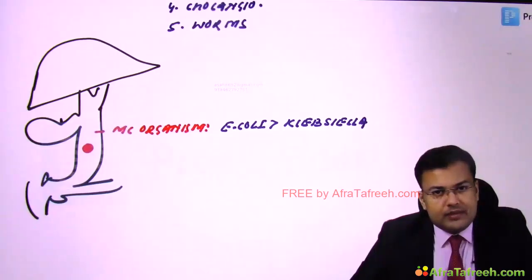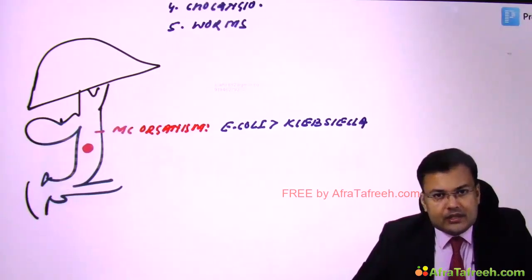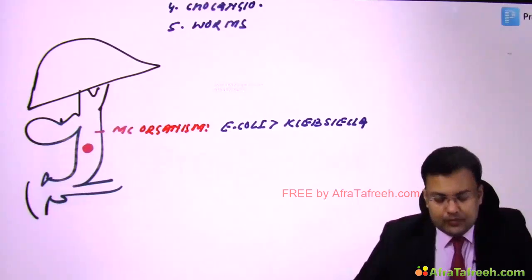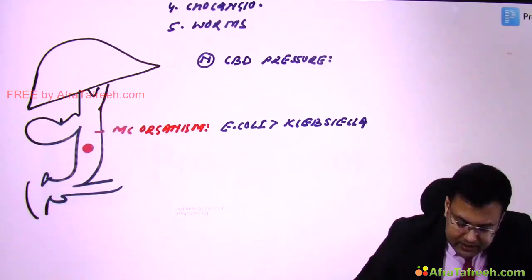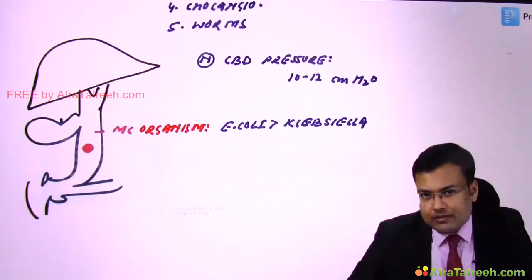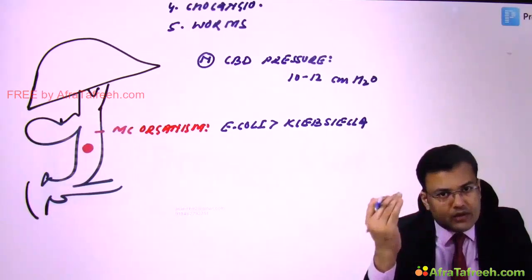What's the normal CBD pressure? The normal CBD pressure is 10 to 12 centimeter H2O. Very low. Whenever there is obstruction, this CBD pressure is going to rise.